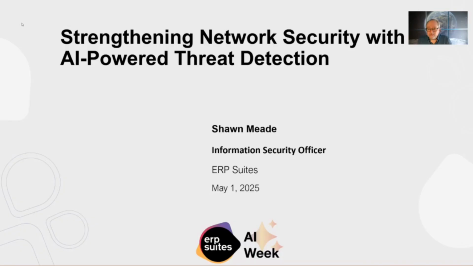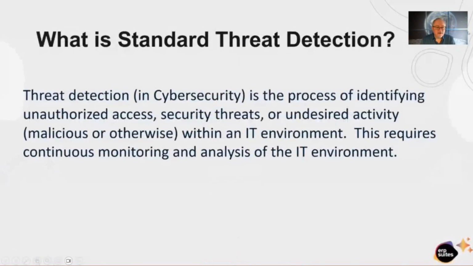So again, this is how we're going to be looking into AI-powered threat detection. First, let's define what standard threat detection is. In cybersecurity anyway, it's the process of identifying unauthorized access, security threats, or undesired activity. Undesired activity can be malicious or it could be otherwise.